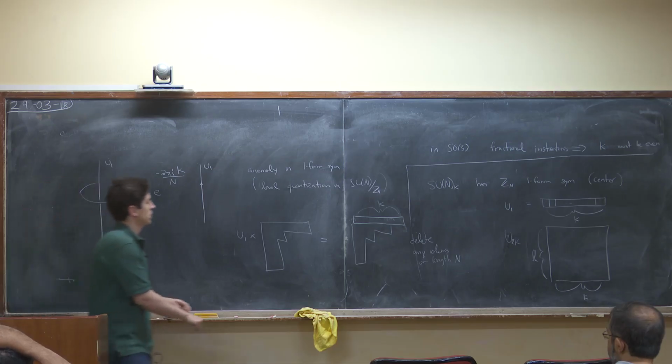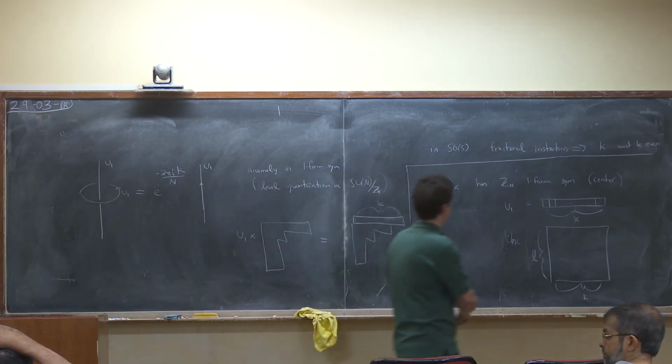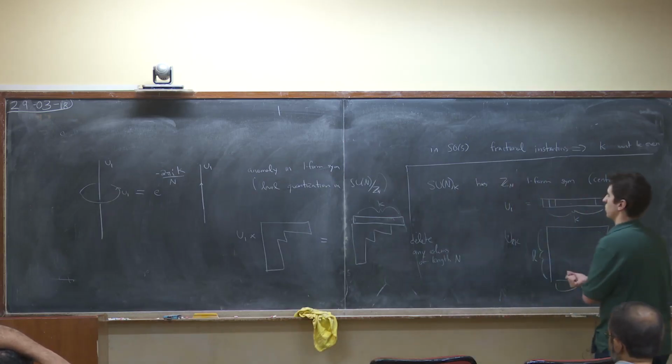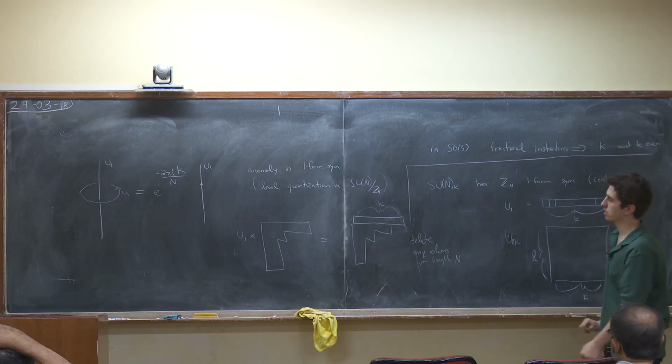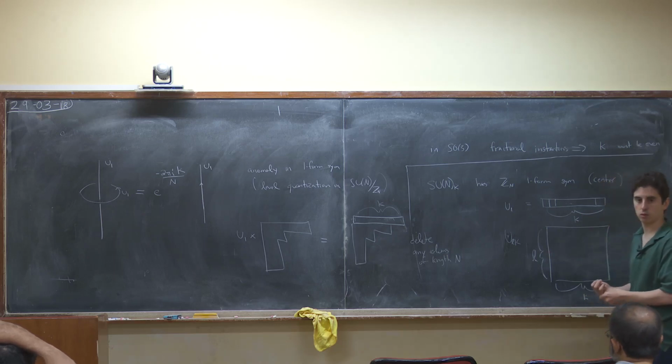Although I didn't come prepared with any examples, it's sometimes true that the one-form symmetry is not associated to the center. It can be more interesting, but whenever you've got a center about, that's a good candidate for a one-form symmetry.